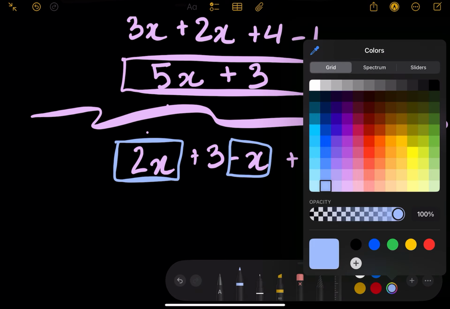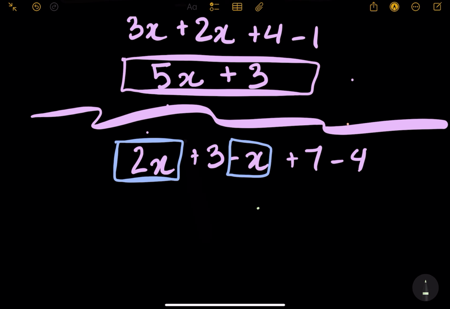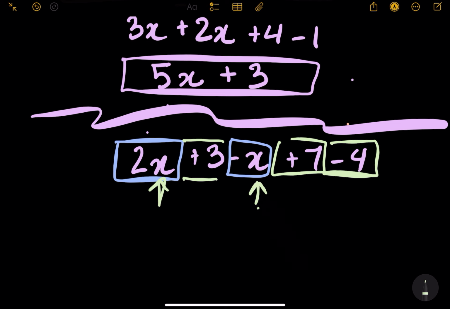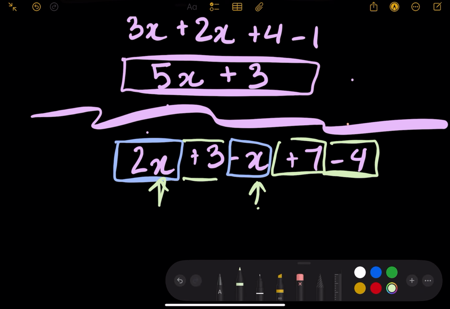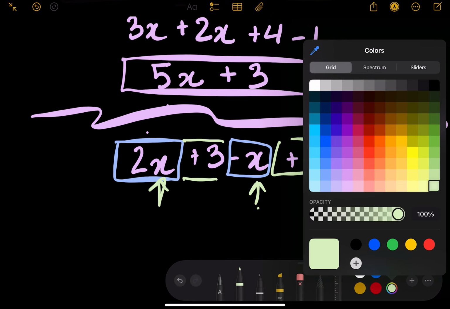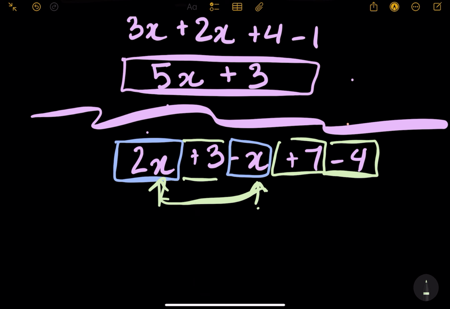And then we also have the 3, the +7, and the -4 as like terms. Once again, I know that this 2x and this -x are like terms because they both have a variable x. And I know that it's just x and there's no x squared or anything like that. So let me just erase that.